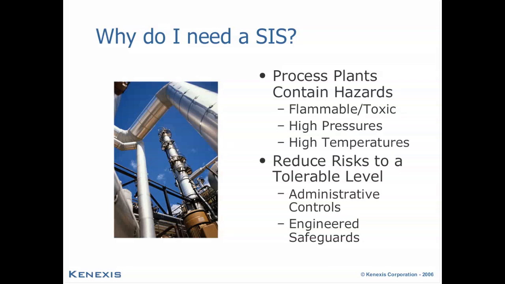Administrative controls would be procedures and design practices. Engineered safeguards are equipment including safety instrumented systems as well as other types of equipment such as pressure relief devices, fire and gas systems, and secondary containment systems. In combination with administrative controls, these engineering controls allow the plant to operate at a tolerable level of risk.